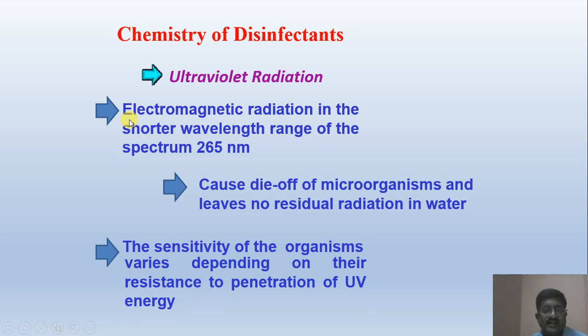Now, ultraviolet radiation is electromagnetic radiation of shorter wavelength, in the spectrum range up to 265 nm, which causes die-off of microorganisms and leaves no residual radiation in water. The sensitivity of the organisms varies depending on their resistance to penetration of ultraviolet energy.